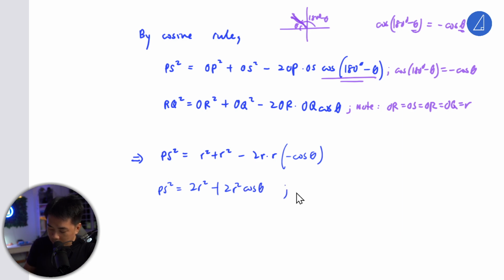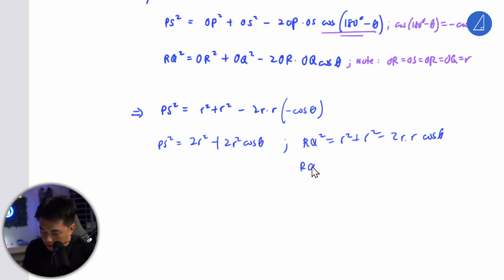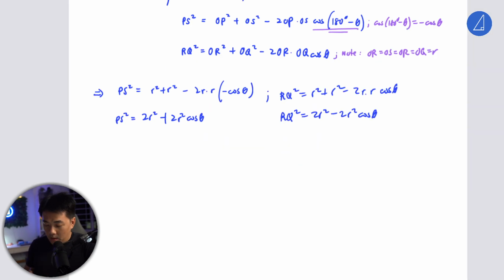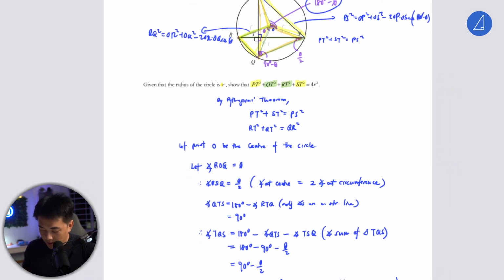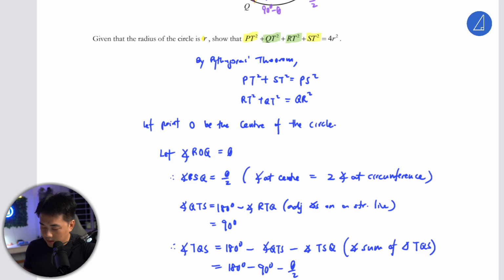Whereas for the second one, we have RQ square equals R square plus R square minus 2R times R cosine theta. Now we have PS square and RQ square. Initially we established that PS square and RQ square are PT square plus ST square by Pythagoras theorem, and RT square plus QT square. So we just replace them in.